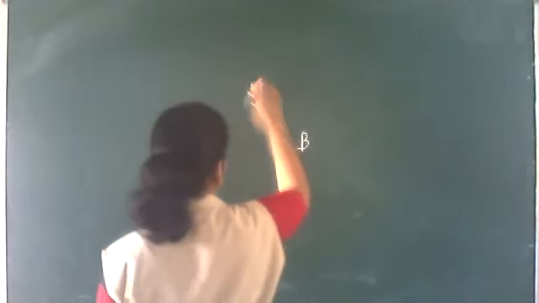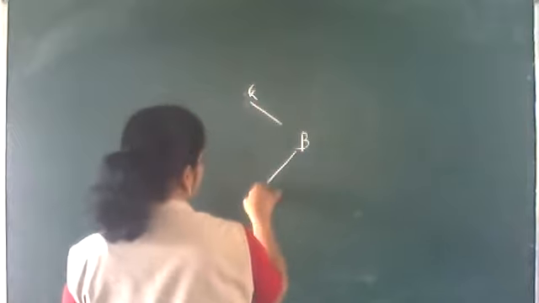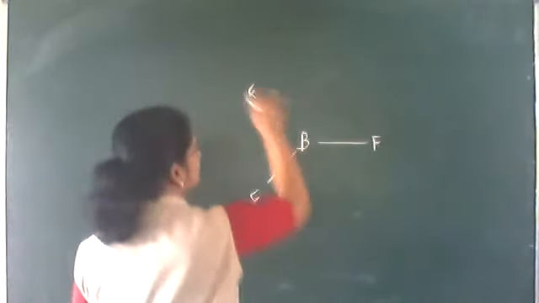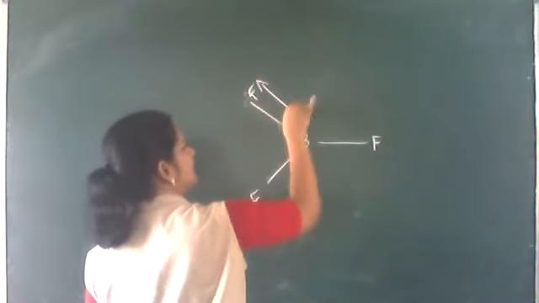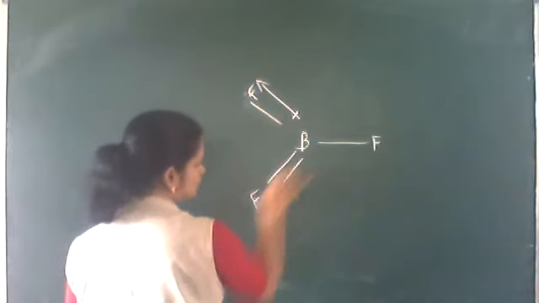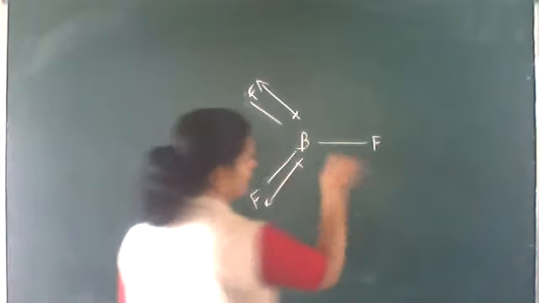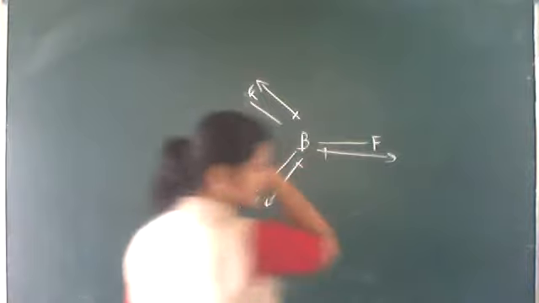Now let's see another molecule, that is BF3. Here fluorine is more electronegative in that way. This fluorine is more electronegative. The dipole moment of this is in this way. That is in that way, right?